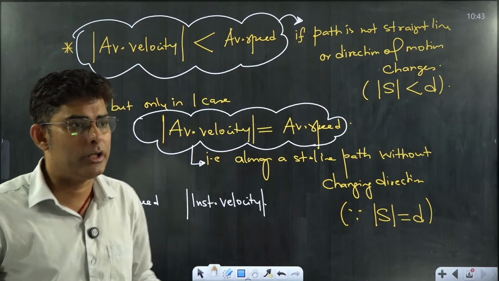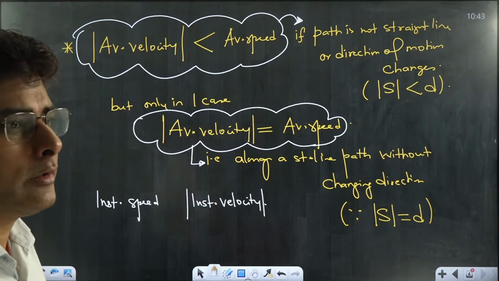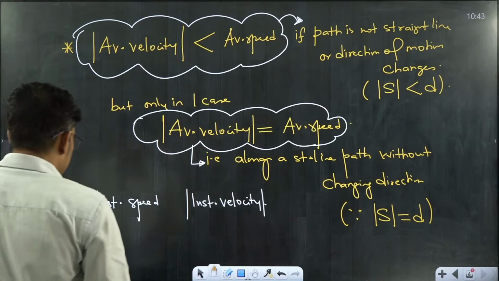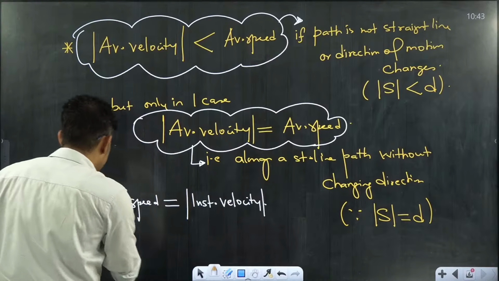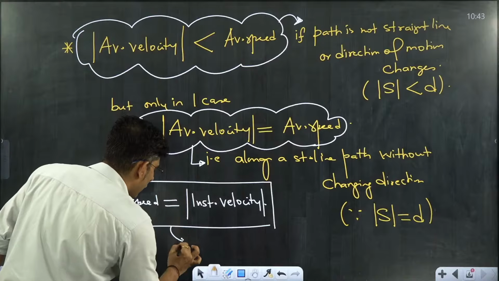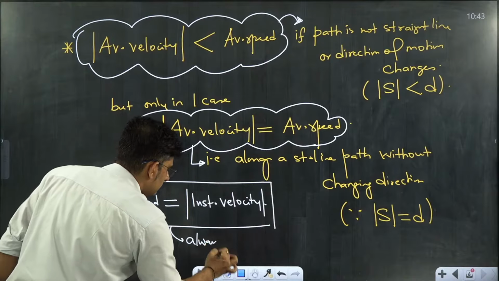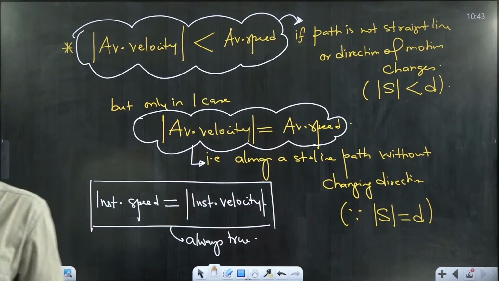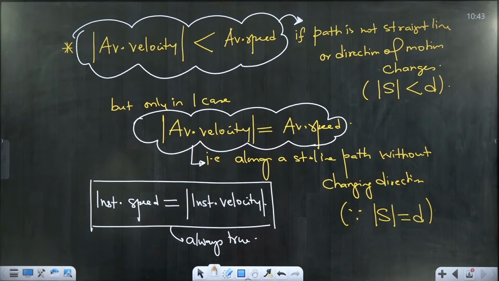Now here I was talking about instantaneous. The velocity of a body at a particular instant is called, yes, correct. These two are always same. There is no doubt about this. This is always true. The magnitude of instantaneous velocity is always called the instantaneous speed.